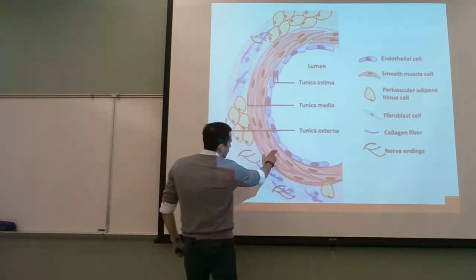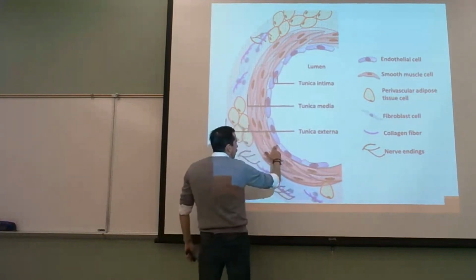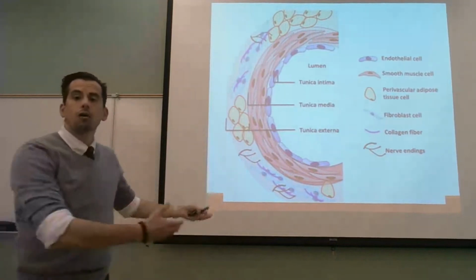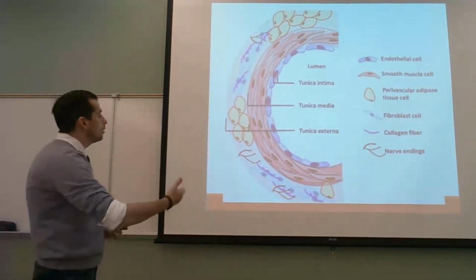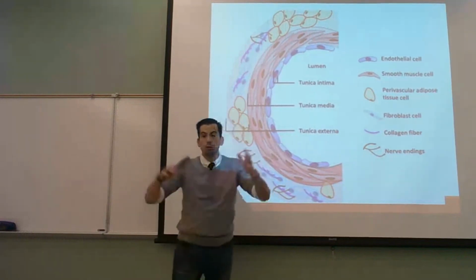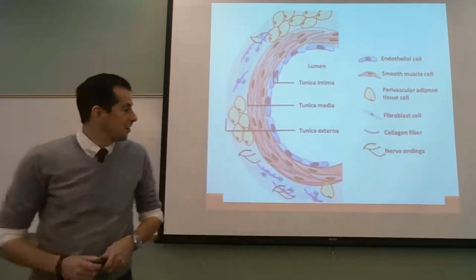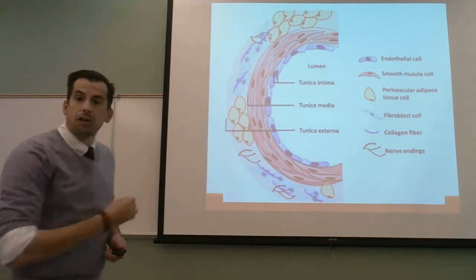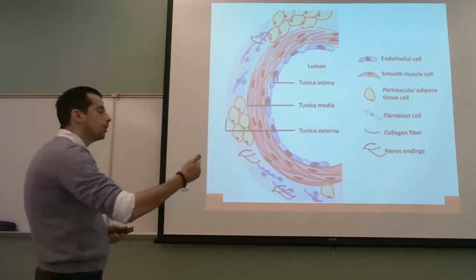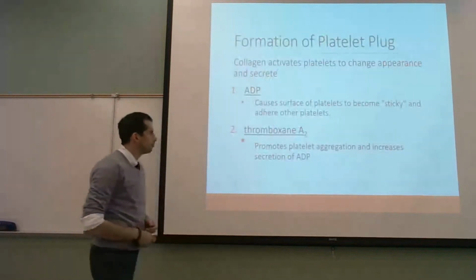But we also have some connective tissue right underneath that epithelial lining, which can also contain collagen fibers. But regardless, we are going to be considering the exposure of blood to these newly exposed collagen fibers to be the activating point to send us into platelet plug formation and ultimate blood clotting.